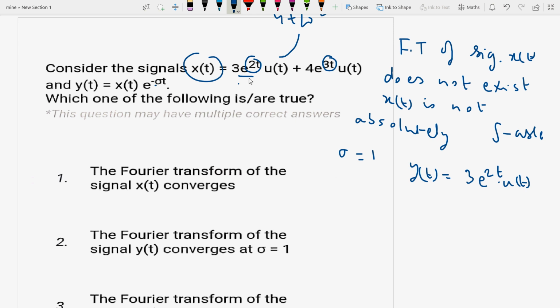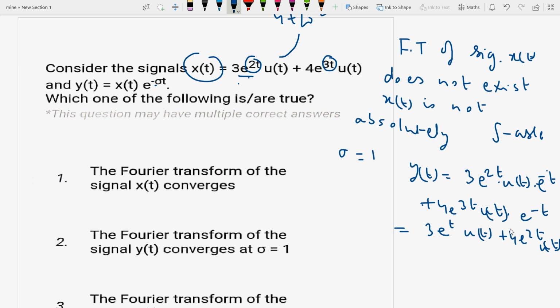So when you multiply this equation by e to the power minus t, plus 4e to the power 3t u(t) into e to the power minus t, this will come out to be 3 e to the power t u(t) plus 4 e to the power 2t u(t). Now the growth rate has been slowed after putting sigma equal to 1.